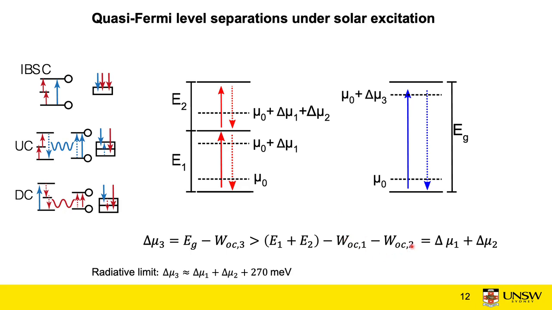That is because the free energy penalty WOC, approximately 270 millielectron volt, of the carriers, that is due mainly to the étendue mismatch, occurs twice in the two low energy transitions and only once in the high energy transition.